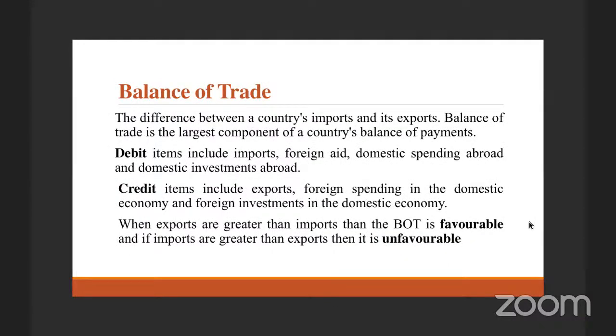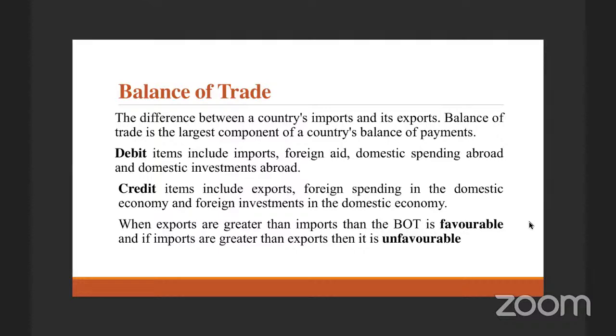Right. Balance of trade. This is interesting. Balance of payment, balance of trade. Balance of payment is a systematic record of goods and services of one country with the rest of the world. Then what is balance of trade? Balance of trade is part of balance of payment.